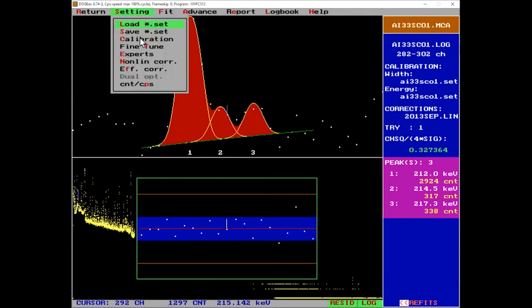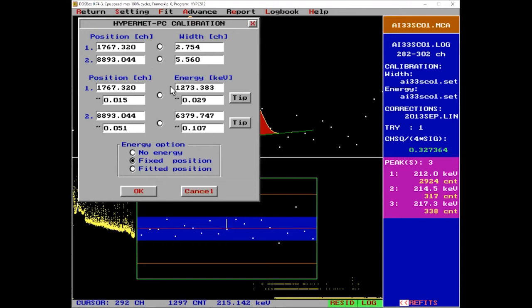So we come to the calibration and we choose two peaks which are relatively large and have good precision in our present spectrum, so from the point of view of fitting, and also it has good precision in our analytical library. So we know it's the gamma energy with high confidence.